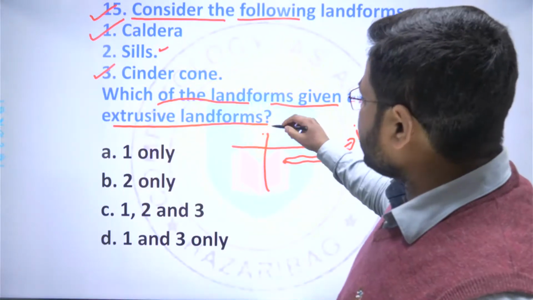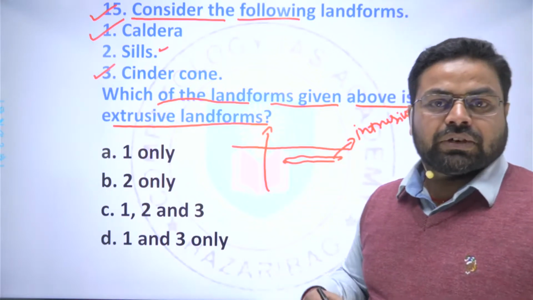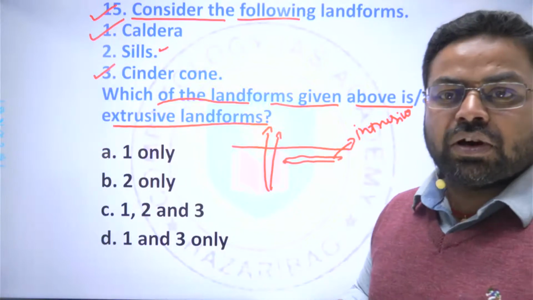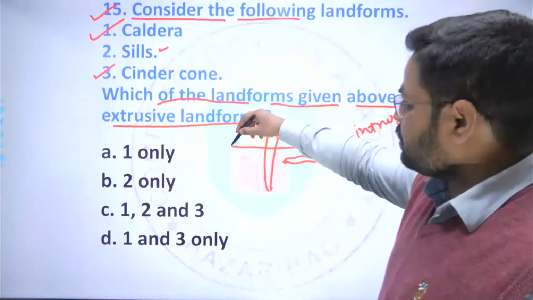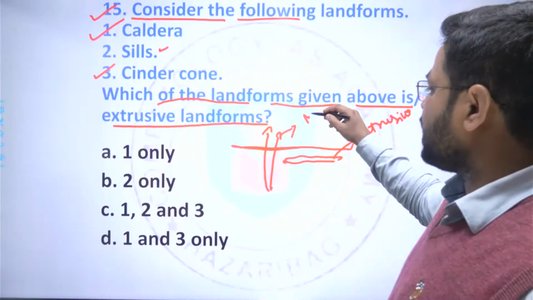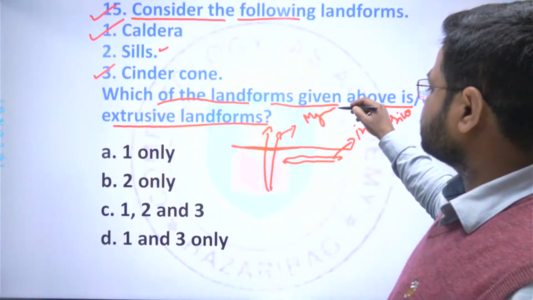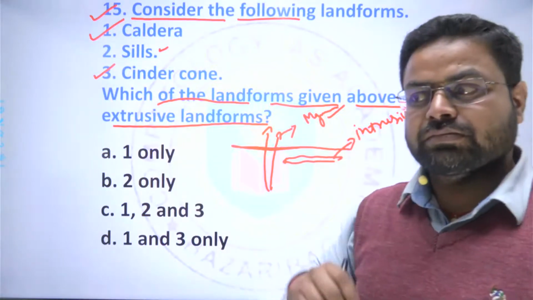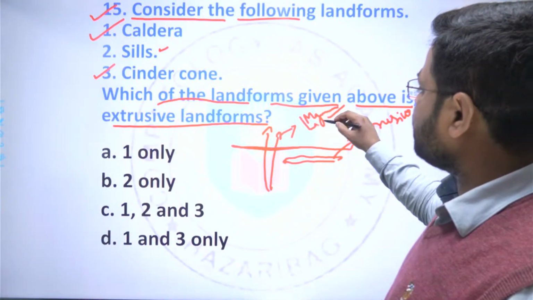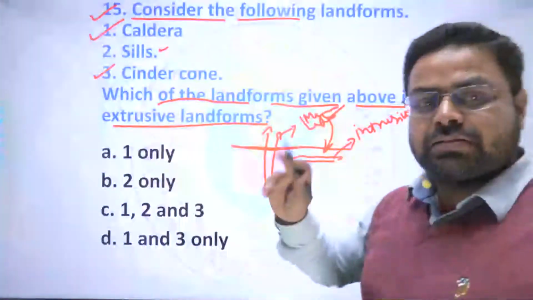While during a volcanic eruption, whenever the volcanic lava comes out of the surface of the earth, on the surface it is called lava, and inside the surface it is called magma.